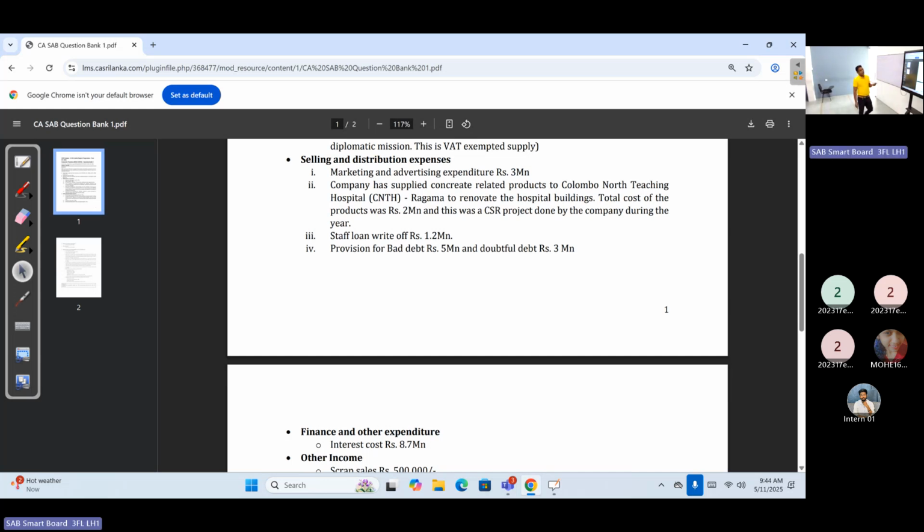And then, what is CSR expenditure? Not incurred in the production of income.